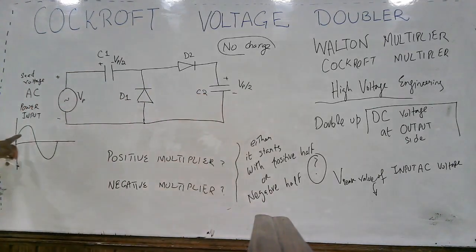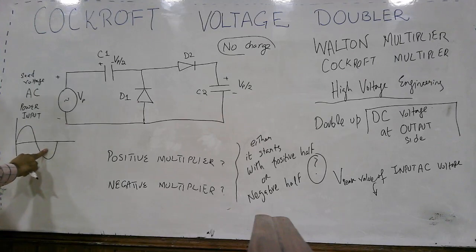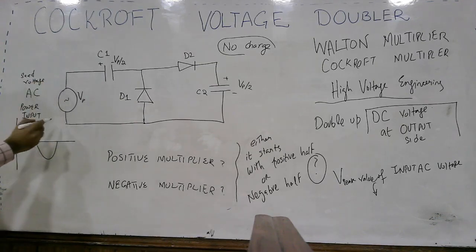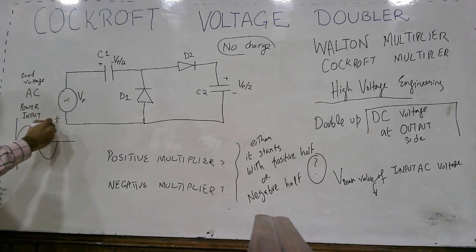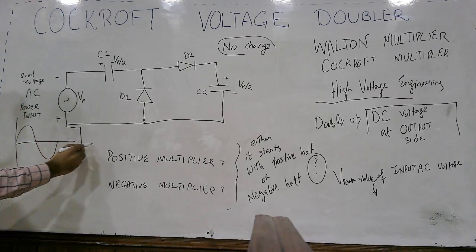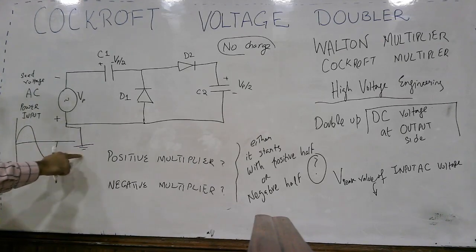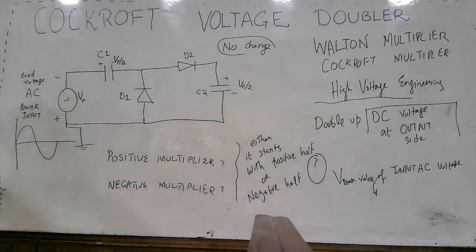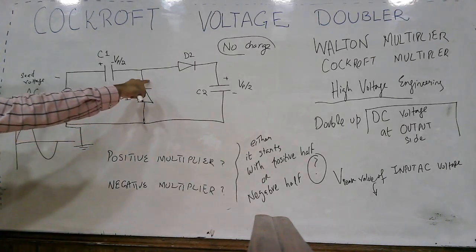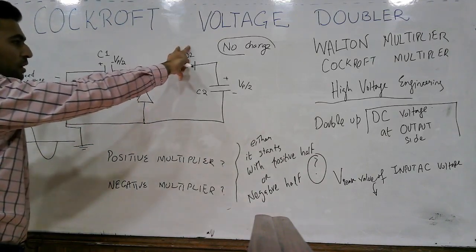So what happens when the negative cycle comes in? Here you have the positive potential and here you have the negative potential. One more thing to add, here we have proper earthing, the voltage here is 0 volts. When the negative cycle comes in, this diode D1 is now forward biased and this diode D2 is reverse biased.